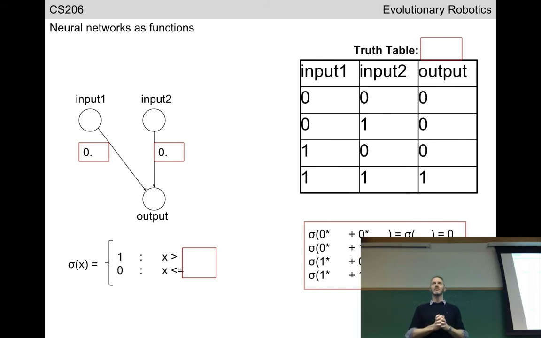What are some of them? Any guesses? What do we need to set the two synaptic weights? And what threshold do we need to set to make sure that if 0 and 0 arrives, 0 arrives at the output, and so on?